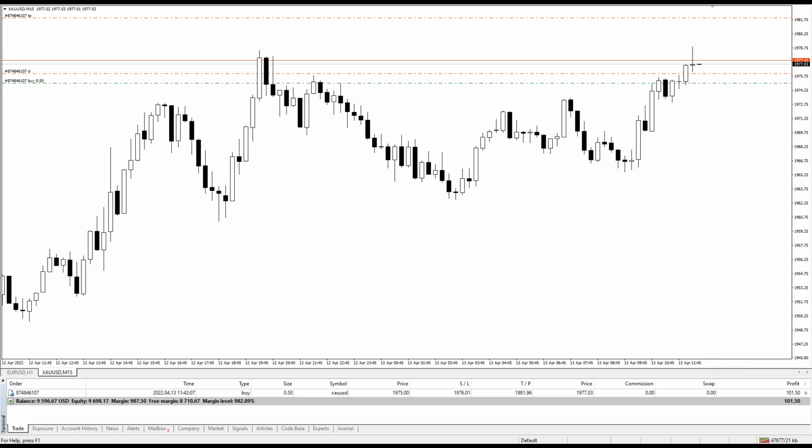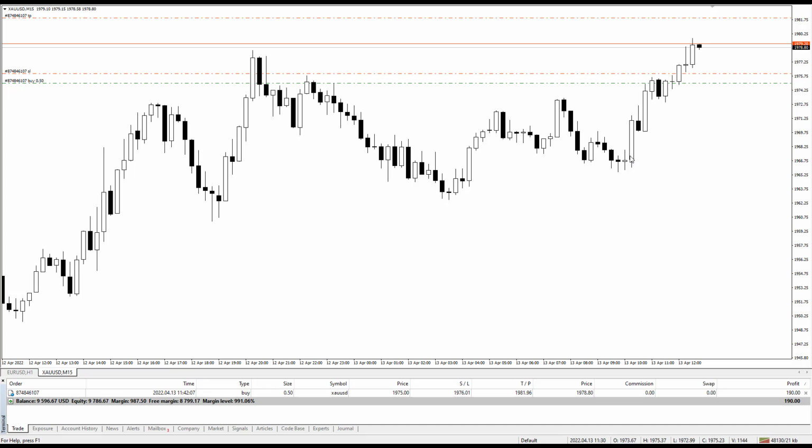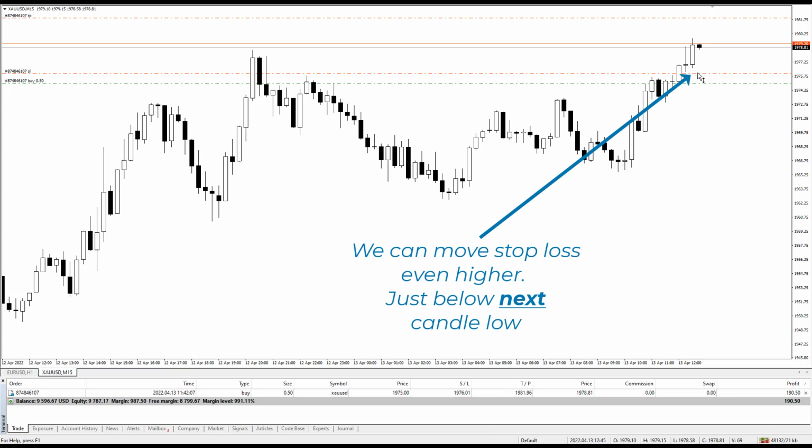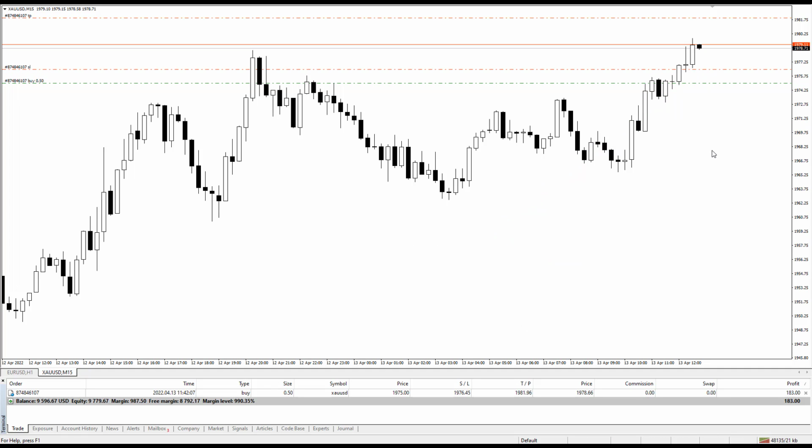And we are sure that the third trade will close with profit. Now we will wait until the market moves. Okay, now I will move the stop loss again a little bit higher. It will be below this candle low. Great. Let's wait again until the market makes a move higher or lower.